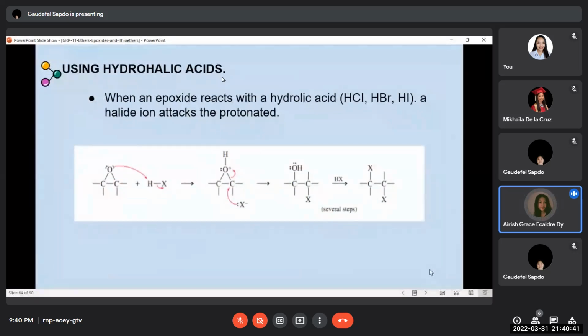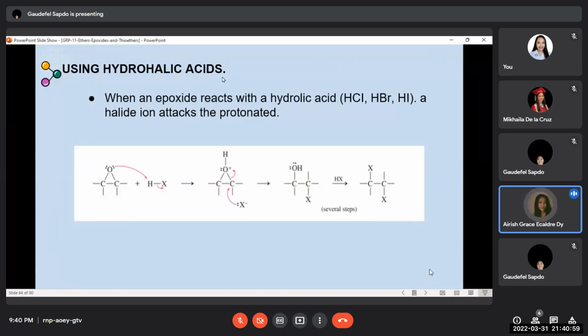So using hydrohalic acids, when an epoxide reacts with a hydrohalic acid, a halide ion attacks the protonated epoxide. This reaction is analogous to the cleavage of ethers by HBr or HI.